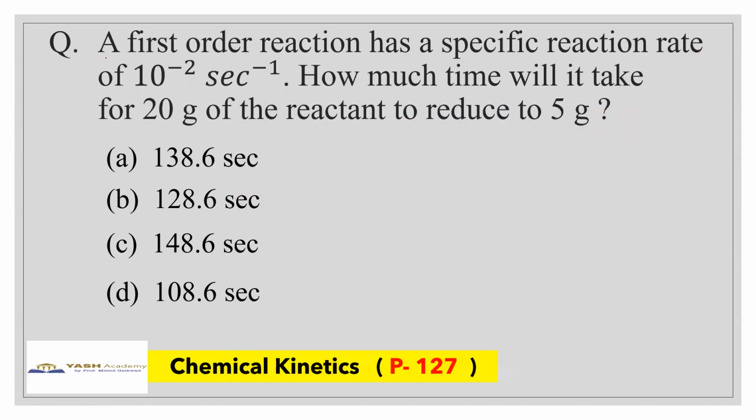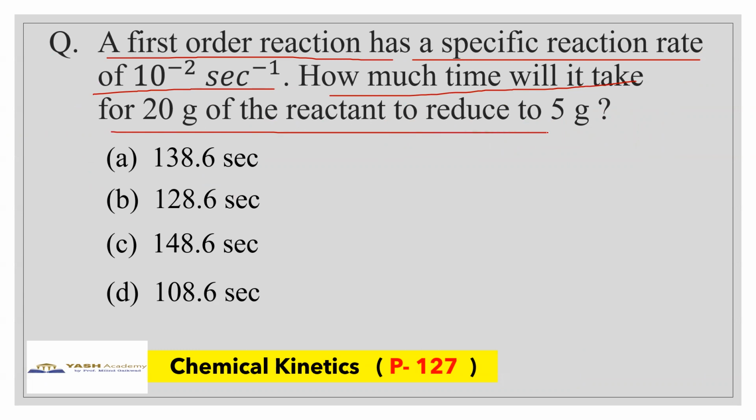Next, a first order reaction has a specific reaction rate of 10⁻² second inverse. How much time will it take for 20 gram of the reactant to reduce to 5 gram? Means here which formula should be used to calculate the time?